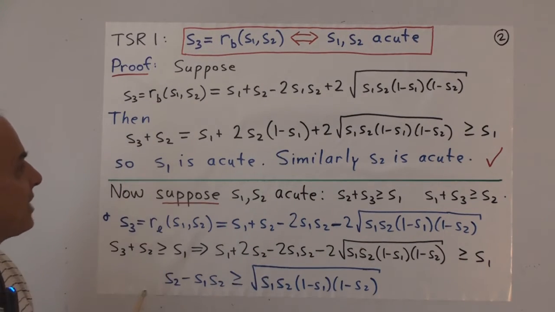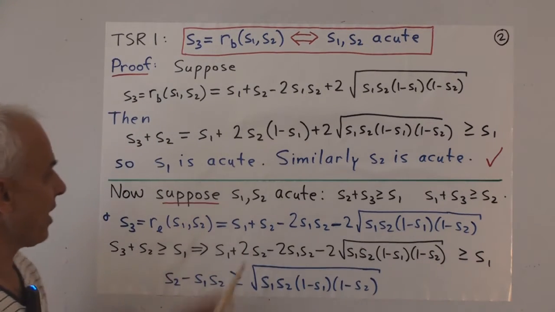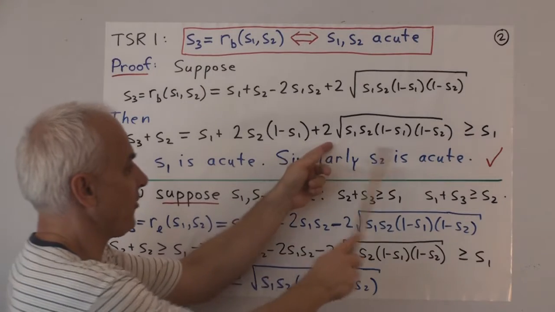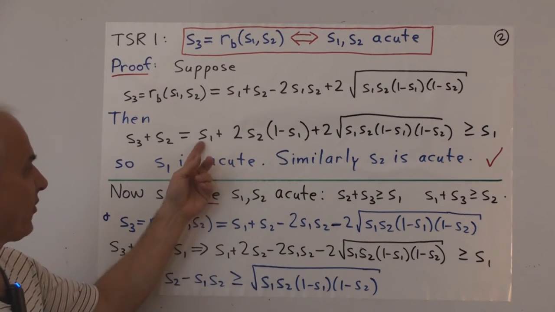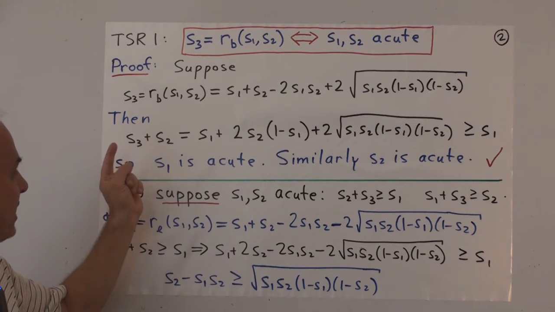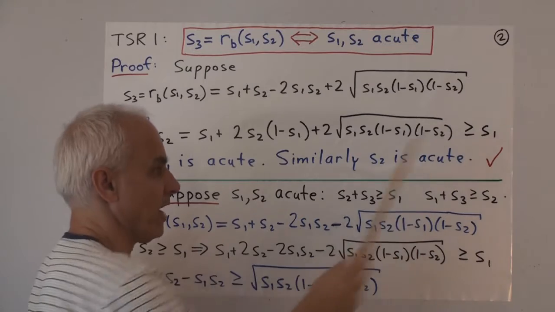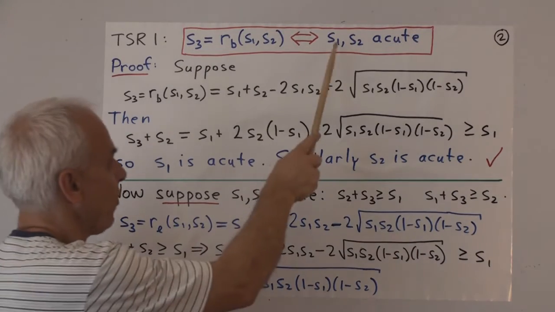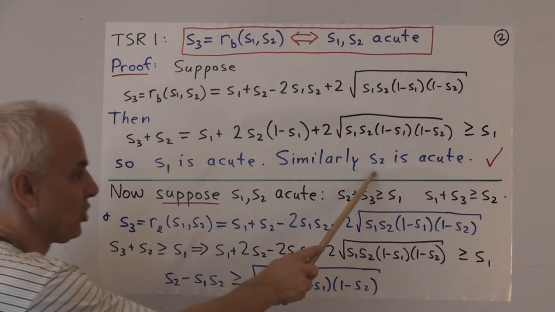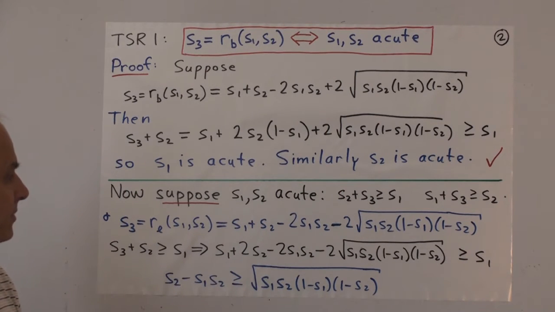And S3 plus S2 is going to be bigger than S1 because this is positive and this is positive, and there's an S1 there. And that's telling us that S1 is acute, because that's the condition that S3 plus S2 is bigger than or equal to S1. So we've shown that S1 is acute, and similarly S2 is acute because S1 and S2 are playing symmetrical roles.